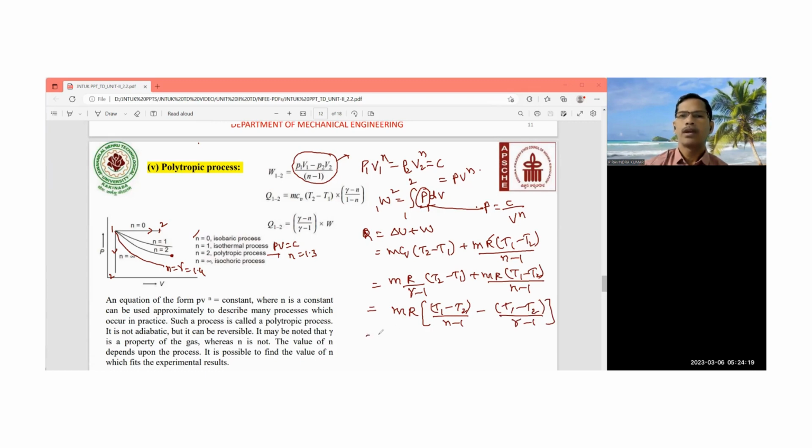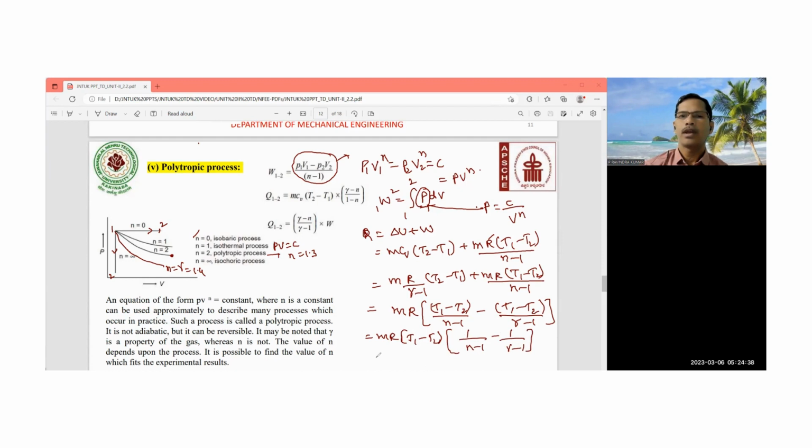So that is now mR T1 minus T2 common, then 1 by n minus 1 by 1 by gamma minus 1. Then what you are going to get?